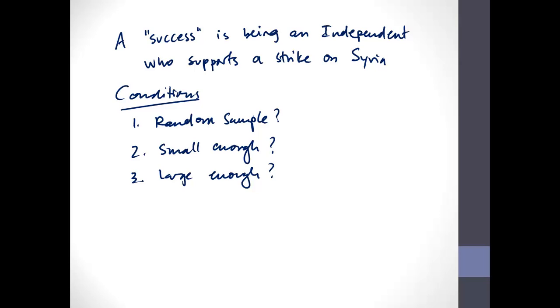Again, in interest of time, we'll jump through these. We're told it's a random sample. That's good. We take 20 times our sample size, which is 20 here, which is 400. Which is certainly less than all independents. So we're good to go on those first two conditions.